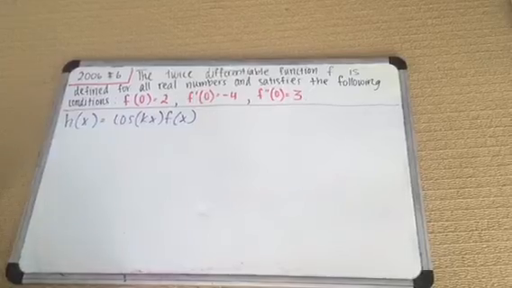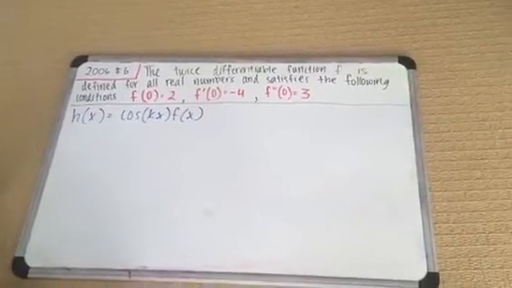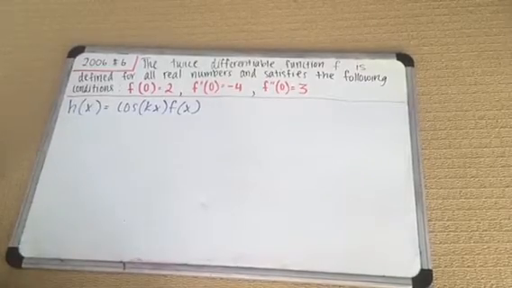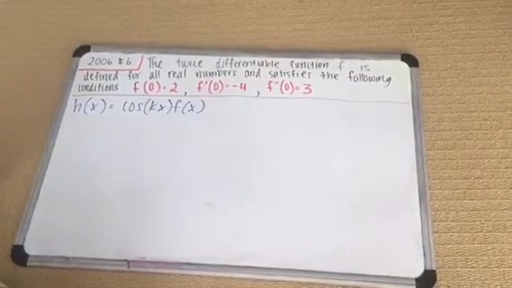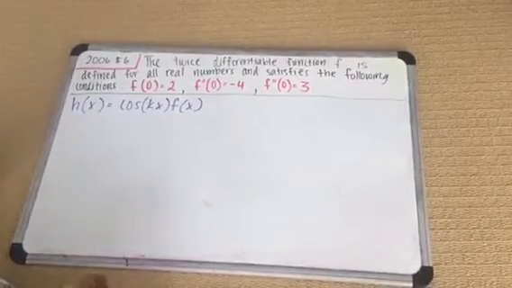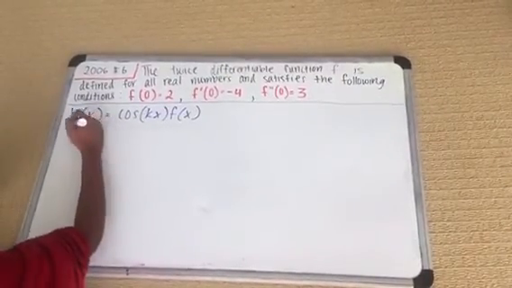We have to find h prime of x and write an equation for the line tangent to the graph of h at x equals 0. So the first step would be finding the general derivative of h of x.